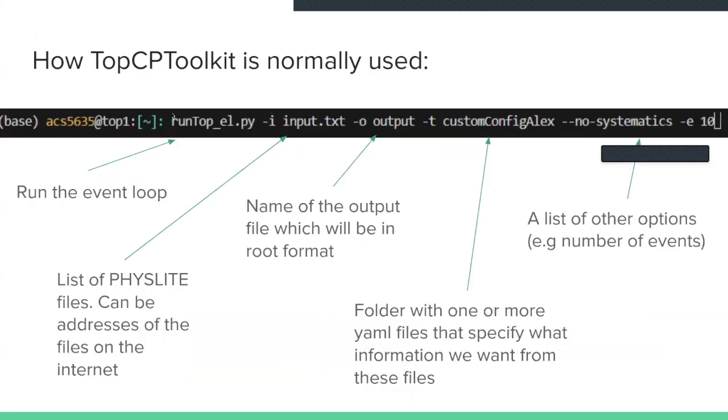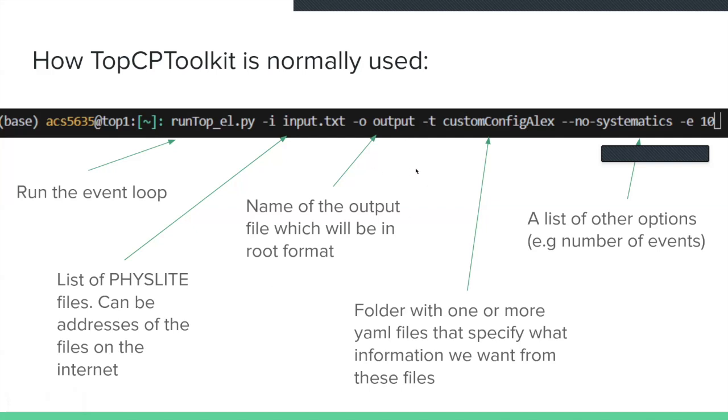So this is what it looks like to use TopCP toolkit normally once you've set it up. This is just the Python file that TopCP toolkit has inside of it. This is a list of file locations of your PHYSLITE files, which could be on the internet.